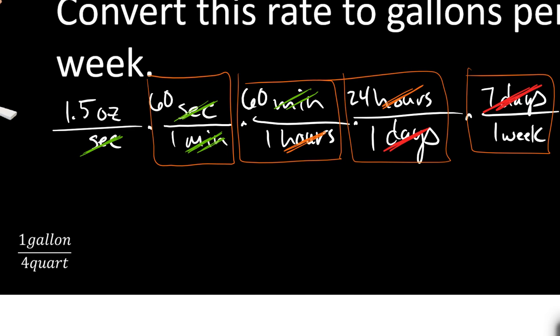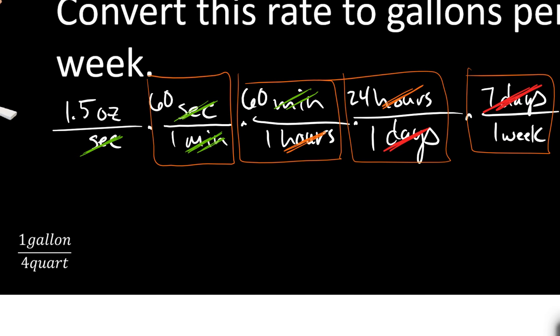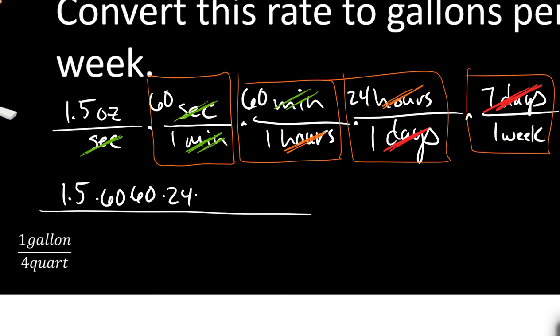So if I collapse this and simplify it a little bit, at this point I have 1.5, and then this is all in the numerator, times 60 times 60 times 24 and times 7. And in my denominator, I just have all ones, right? I've got 1 second, 1 minute, 1 hour, 1 day, 1 week.